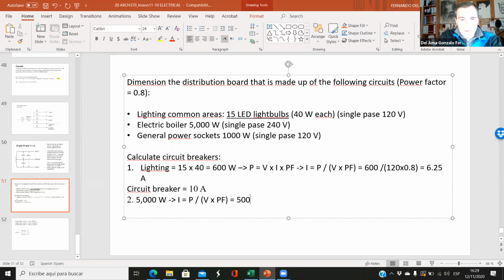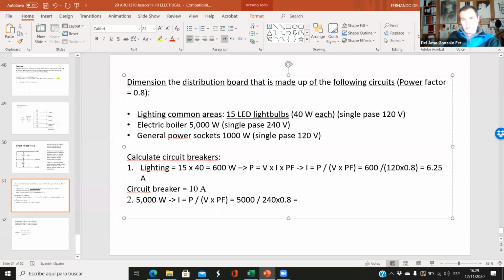Our power is 5,000. The tension in this case is 240, because of our rule of thumb: between 2,000 and 10,000 watts, if we are using single phase, it's better if the tension is 240, times 0.8.